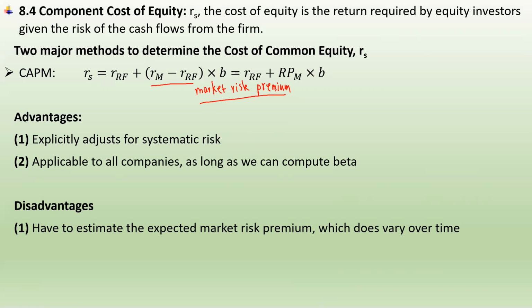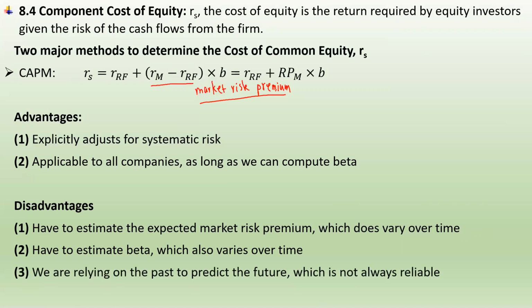If you have a really bad estimation of market risk premium, your RS is very inaccurate. You have to estimate beta, which is also a hard task because you need the historical stock returns together with the historical market returns, and it varies over time too.